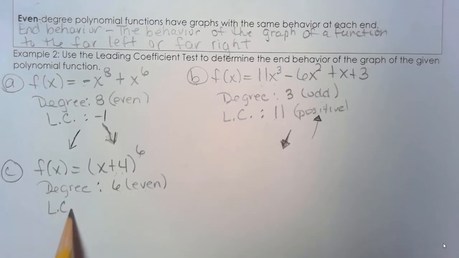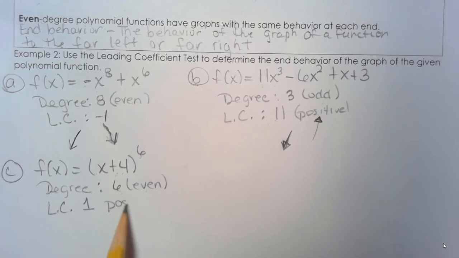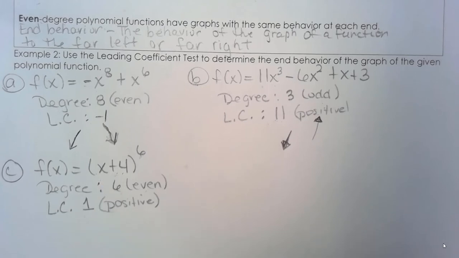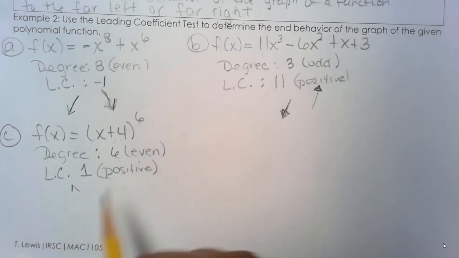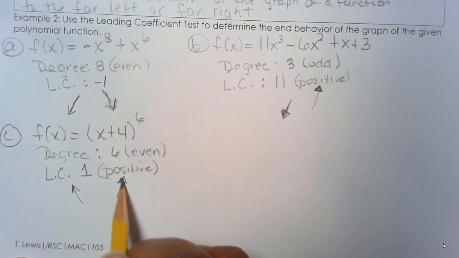Therefore, our leading coefficient is going to be a positive 1. Okay, so 1 is positive. So since we have an end behavior that's going to be in the same direction and is positive, both the left and the right end behavior will be in the positive direction.